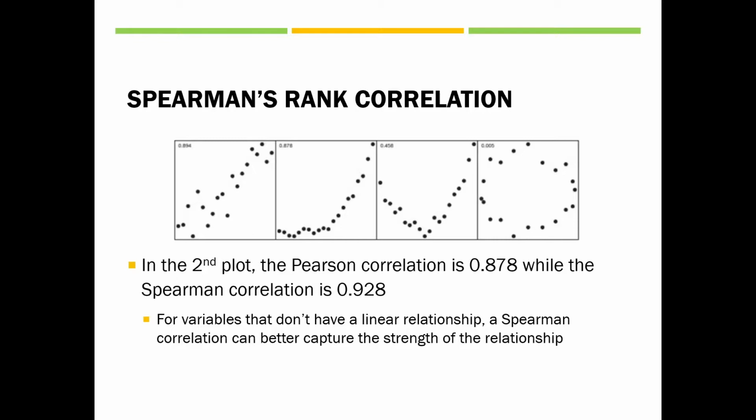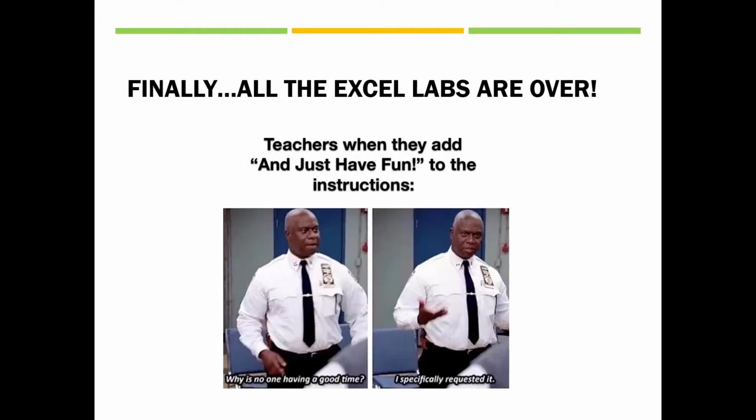So for example, in the second scatter plot, the Pearson correlation would give you a 0.878, but the Spearman correlation would give you a number that shows the relationship more clearly. So we would want to use that for the other variables. So that's basically it for correlations, and you guys will learn how to calculate both the Pearson and Spearman correlation.